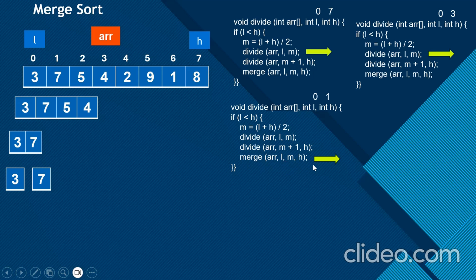The merge function, with the arguments of ARR, of course, L, M and H this time round, if I can show it here. So what is ARR? ARR means this array, lowest index means 0 and the middle index means 0 and H is 1, of course.